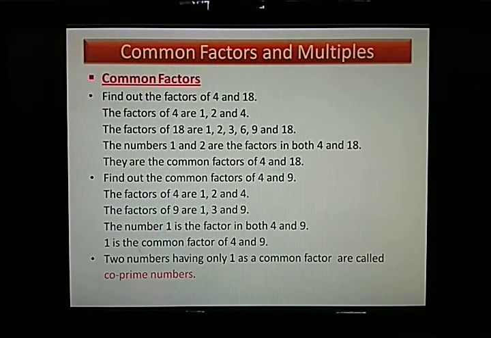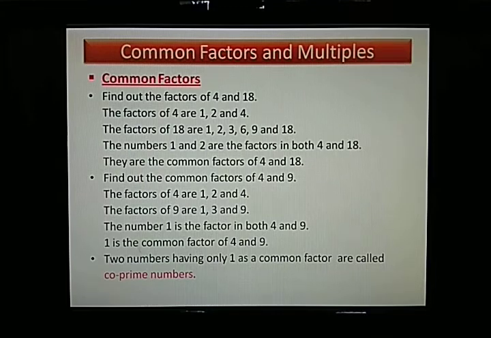The earlier perception or thinking that you had, that if there is 1 as the common factor, we will have co-prime numbers, is not right. If there are other factors other than 1 also, then they are not co-prime. Only when there is only one common factor and the rest are not common, only in that case they are co-primes.